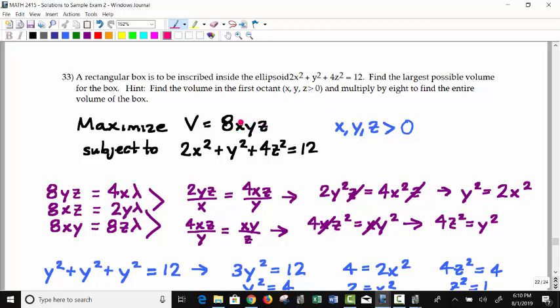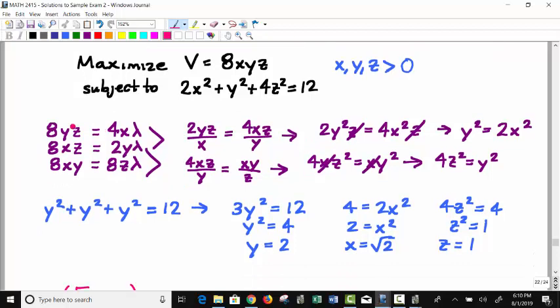So X, Y, Z positive, but that means the shape will have 8 equal sections. And so just put an 8 in front of this, and there's your constraint. So the partials then will be 8yz, 8xz, 8xy. Then we got a 4x, a 2y, and an 8z with the lambdas. And so I just basically did a lambda equals lambda approach, cross multiplied.